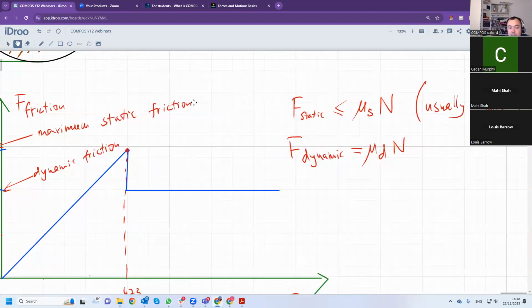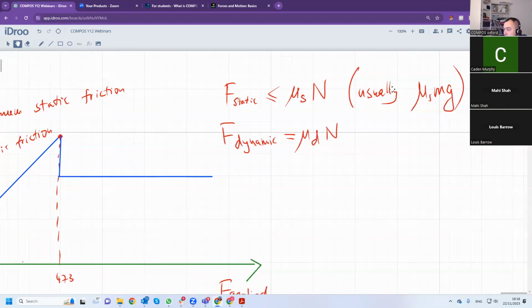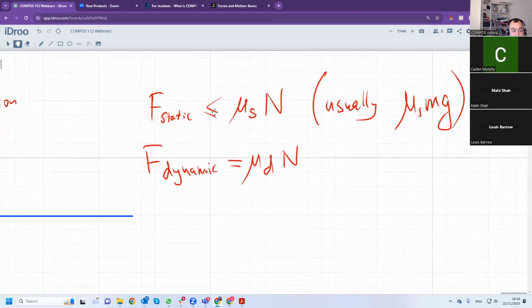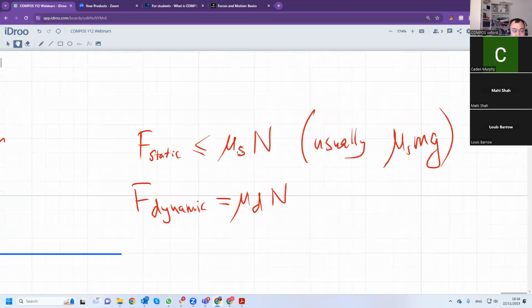Right. Archie, your question: how do you calculate how high the applied force has to be? It has to be greater than mu s mg.